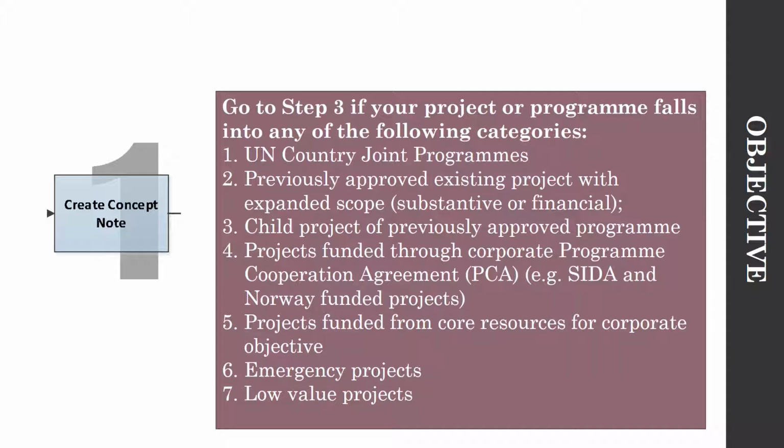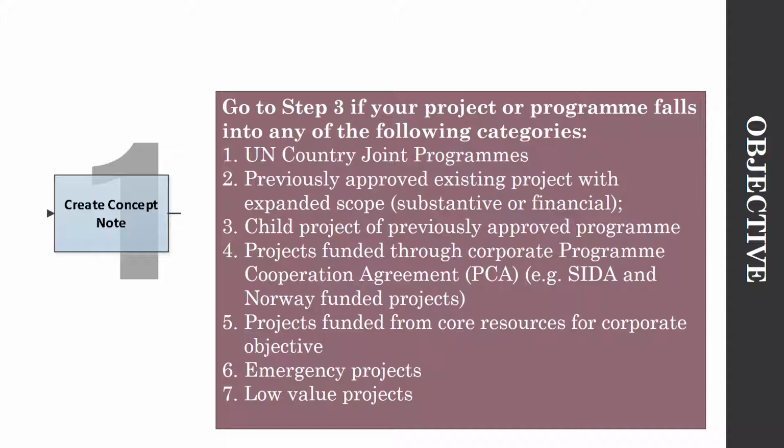Also, projects funded from corporate program cooperation agreements, the likes of SIDA and Norway, would need to start from step three. And projects funded from the core funding, for corporate objectives such as program support, like the PAS upgrade, would also need to start from step three. And lastly, emergency projects and low value projects.